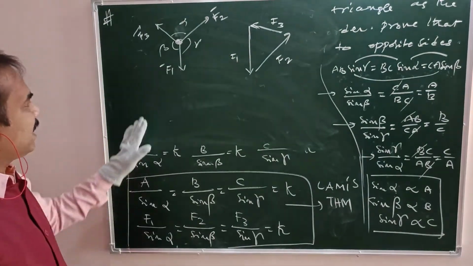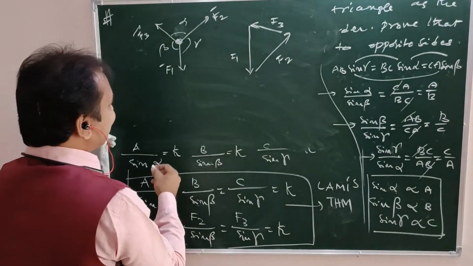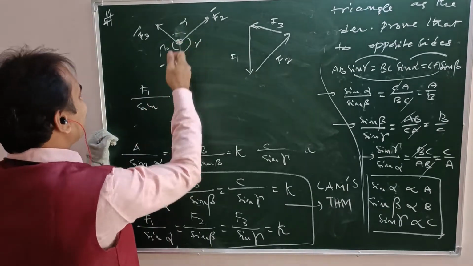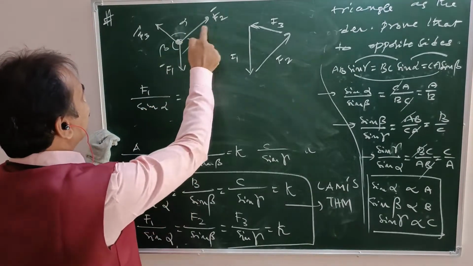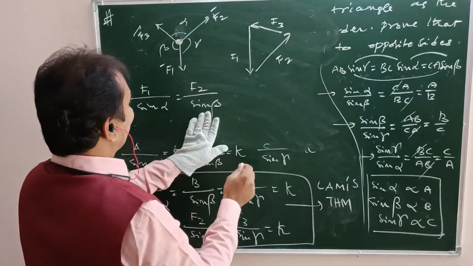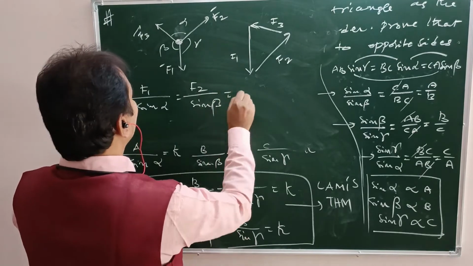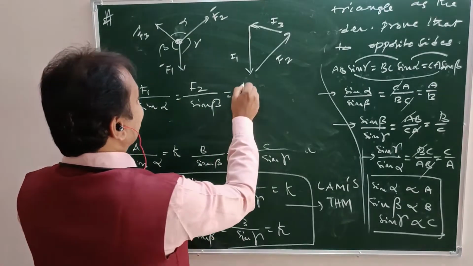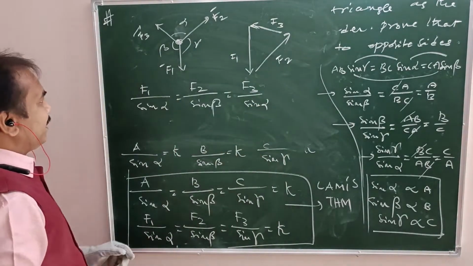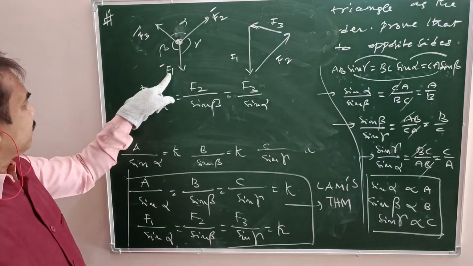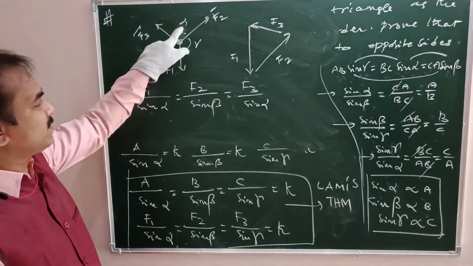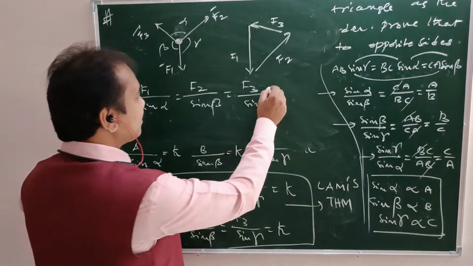Then this can be written as F1 by sin alpha equal to F2 by sin beta, equal to F3 by sin gamma. That is, any force divided by the sine of the opposite angle is constant.